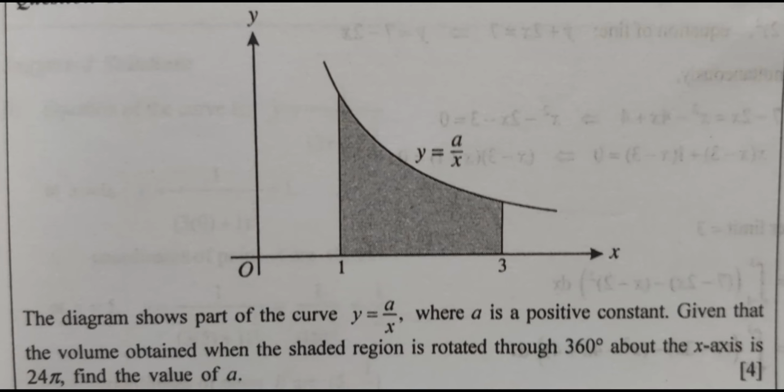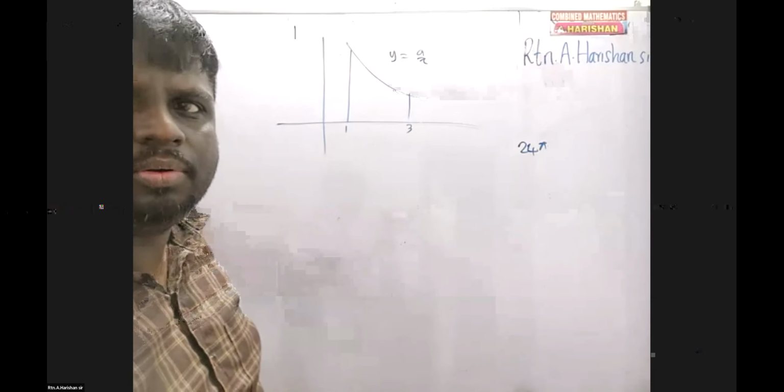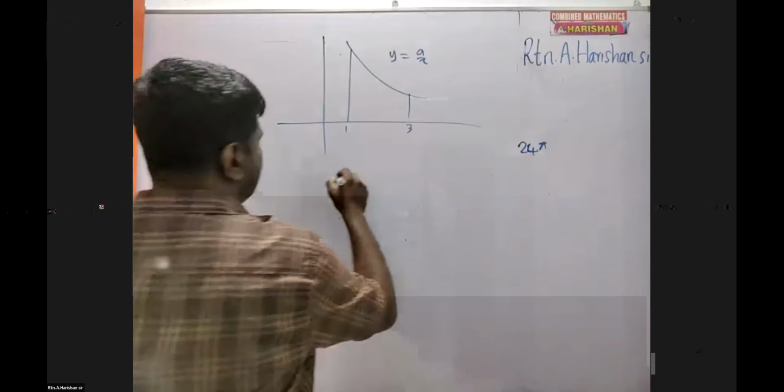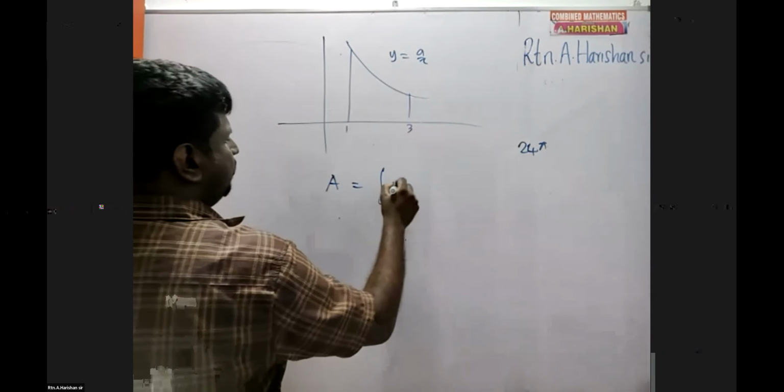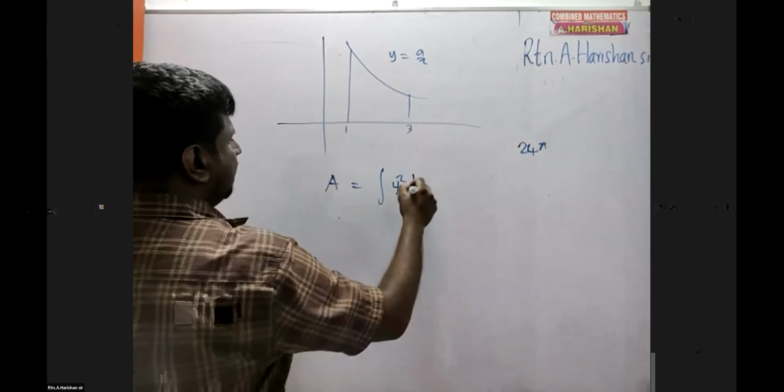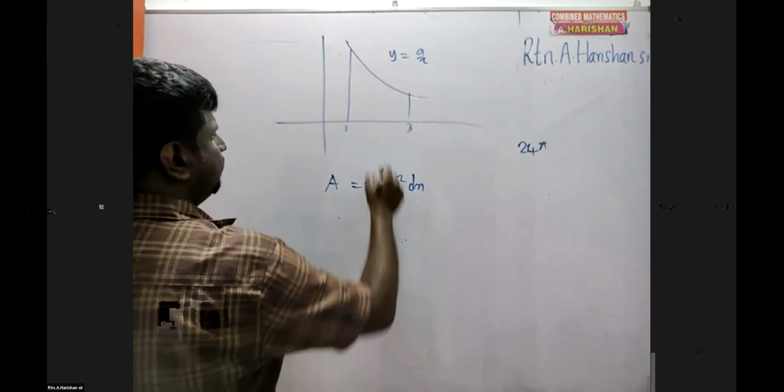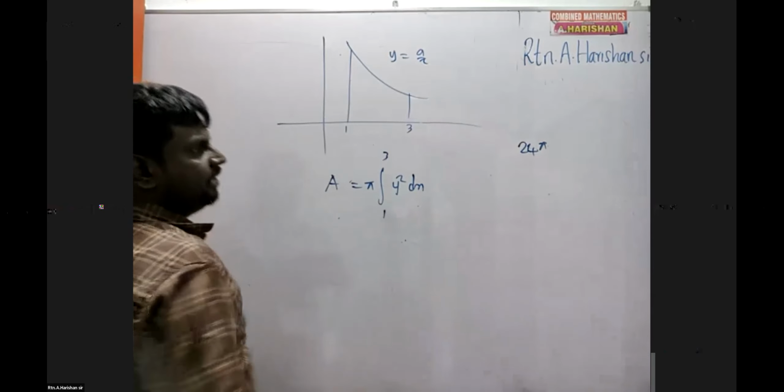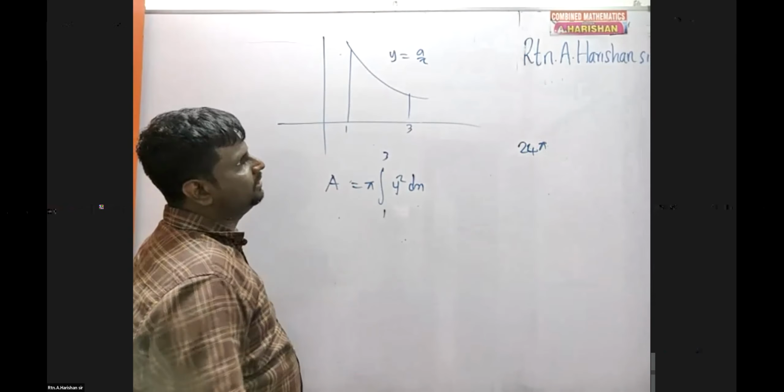You know how to do rotation, so quickly we'll do that. It will be a 1 or 2 minute question. The volume equals the integral of pi y squared dx from 1 to 3. You know that this is the formula.